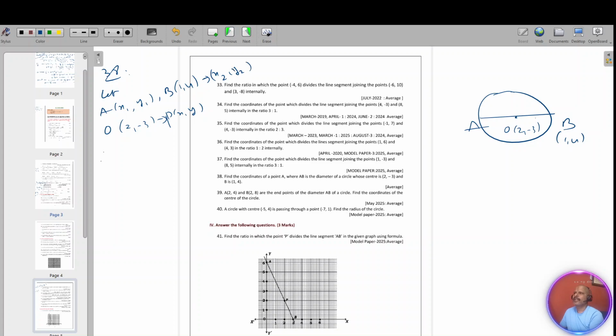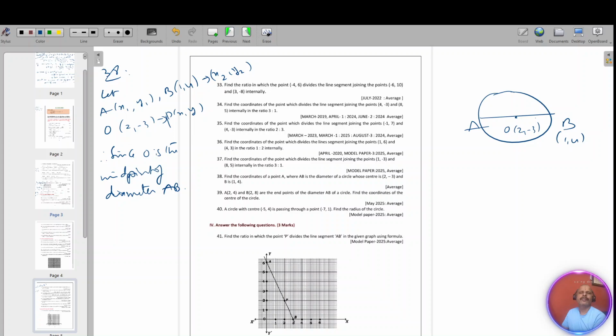Since O is the midpoint of diameter AB, O is the center of the circle and the midpoint of AB, so we use the midpoint formula.